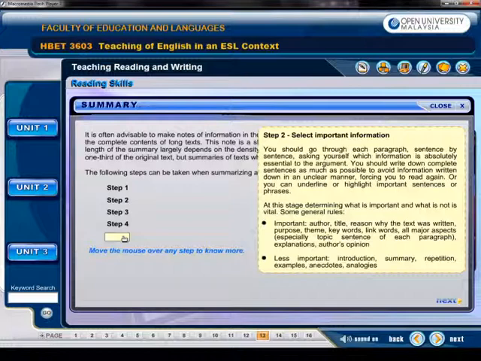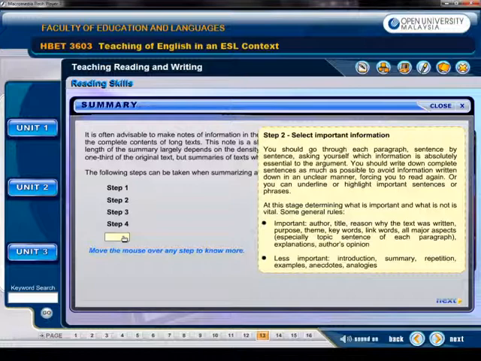You should write down complete sentences as much as possible to avoid information written down in an unclear manner, forcing you to read again. Or you can underline or highlight important sentences or phrases. At this stage, determining what is important and what is not is vital.